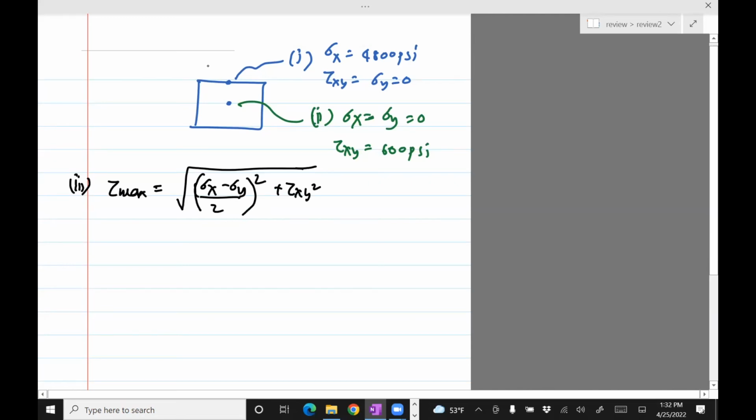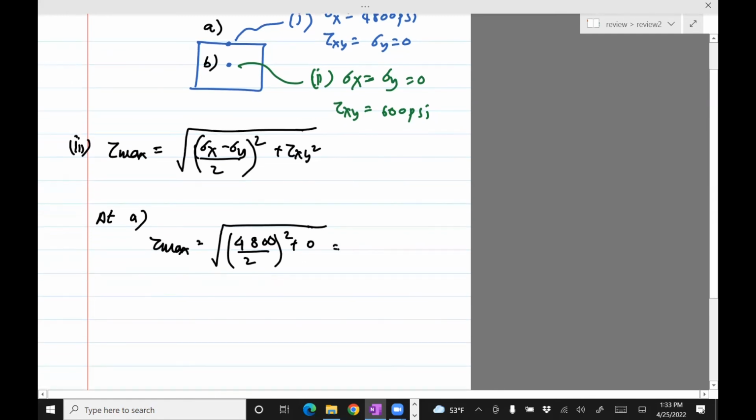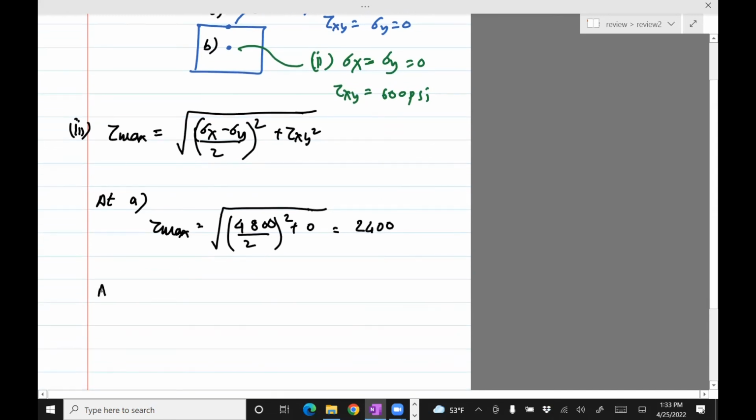Let's call them A and B. So at A, we have tau max equals the square root of 4,800 over 2, the whole square, plus 0, which comes out to be 2,400. At B, we have tau max equals the square root of 0 squared plus 600 squared. It comes out to be 600.